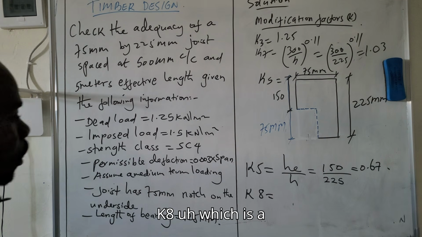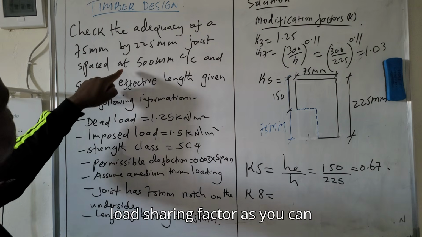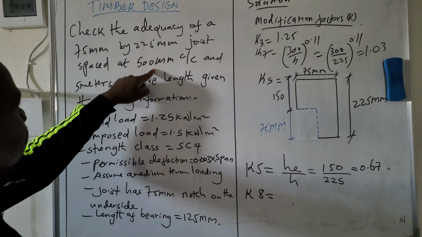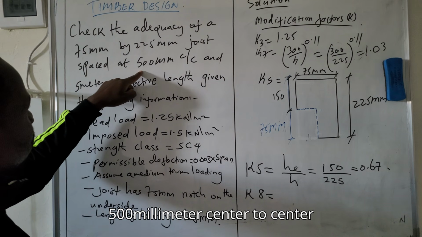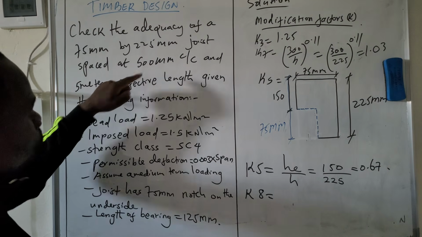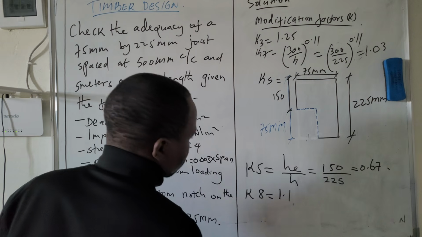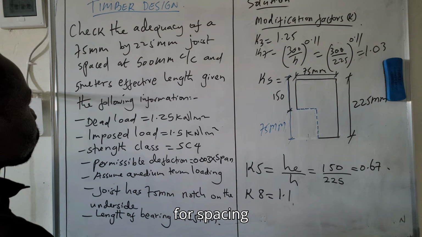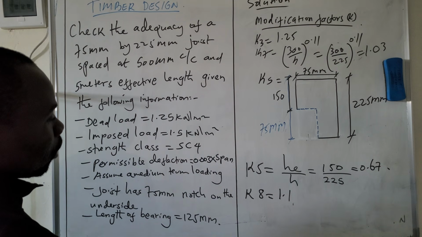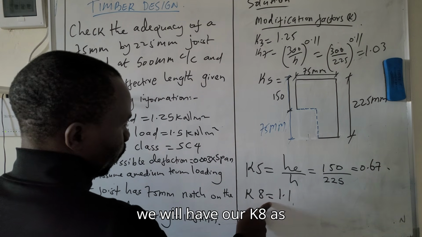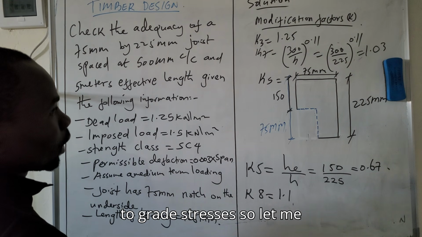So for K8, which is a load sharing factor, as you can see, the joists are spaced at 500 millimeter center to center, which means our K8 will be 1.1. For spacing less than 610, we will have our K8 as 1.1. So we can now proceed to grade stresses.